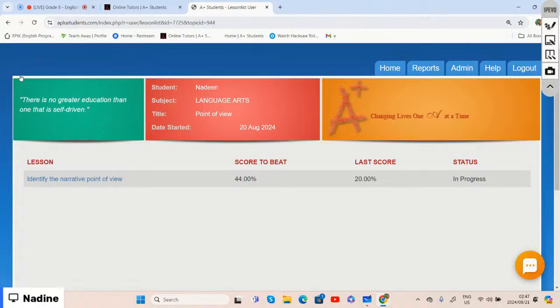And the narrator's point of view is the perspective from which the story is then being told. It's either being told in the first person, in the second person, or in the third person. That is basically the point of view of the narrator, right?